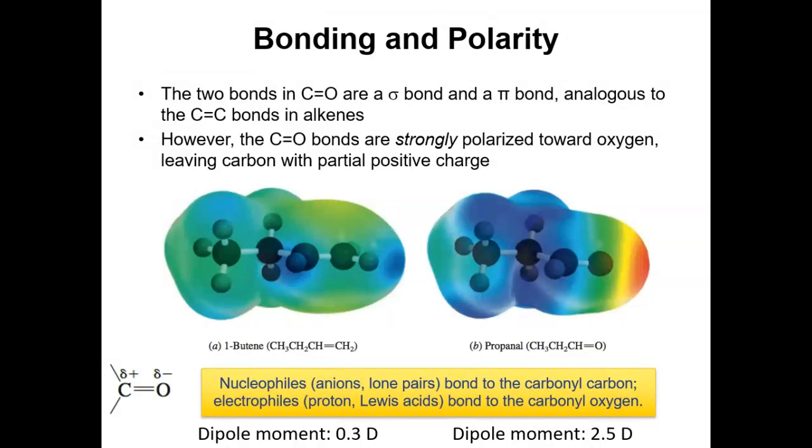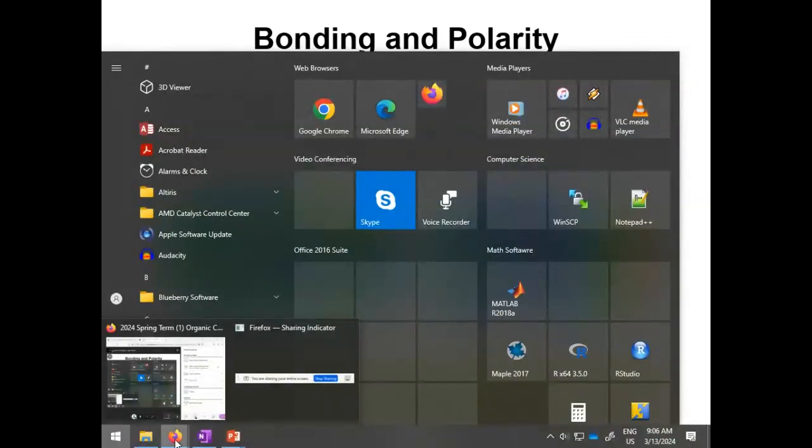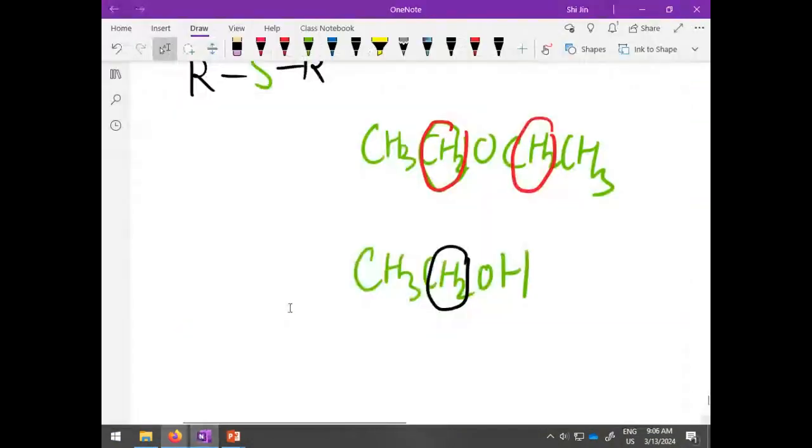And basically a proton, a Lewis acid, those will be reacting with the carbonyl oxygen. So that's something that helps you think about where the site of reaction is going to be.